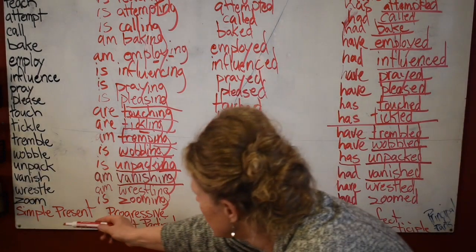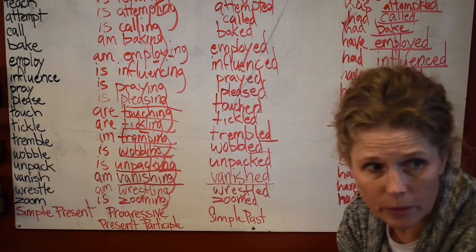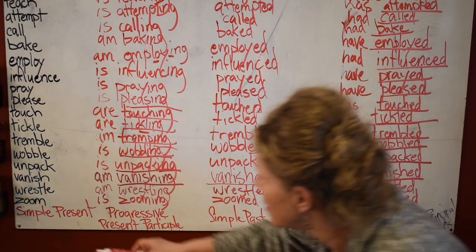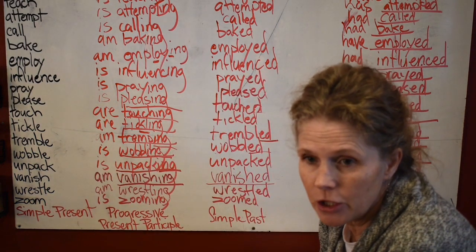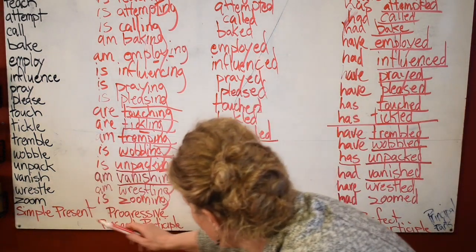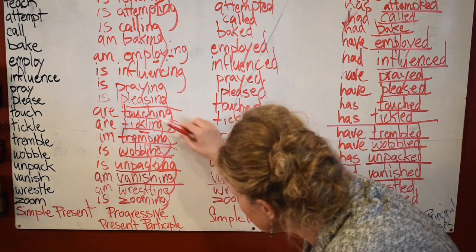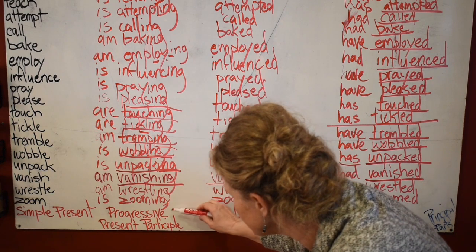Now remember, this right here, all of these words, when it's just your base word, when it's just the root, it's your simple present. What number is that in your principal part? Number 1. All of these with your auxiliary verb is the progressive tense.